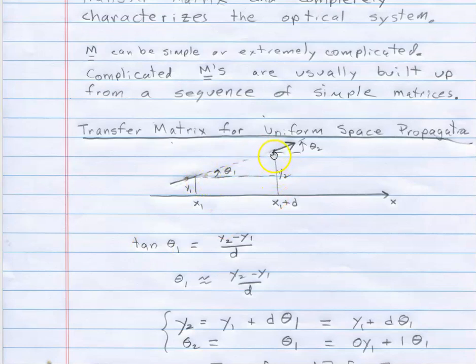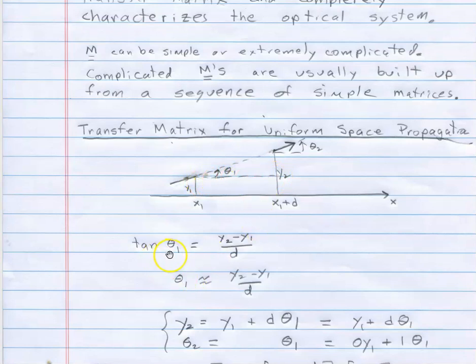It's a right triangle, and the total distance is y2. This bottom part is y1, so this side of the right triangle is y2 minus y1, and so tangent theta 1 is the opposite over the adjacent, so y2 minus y1 over the adjacent side, which is d.